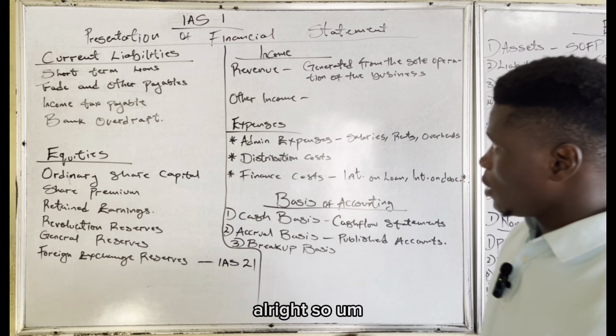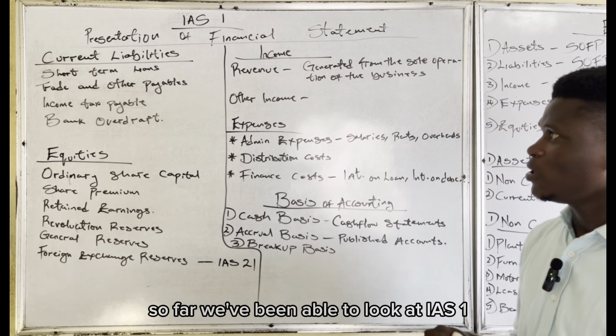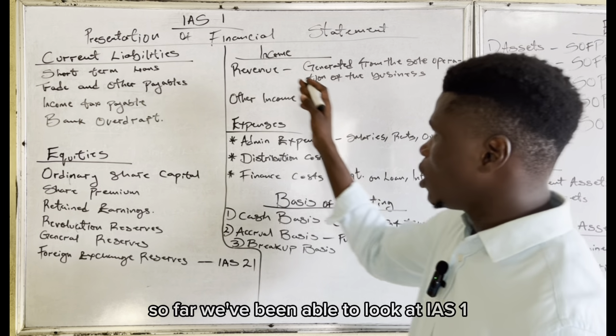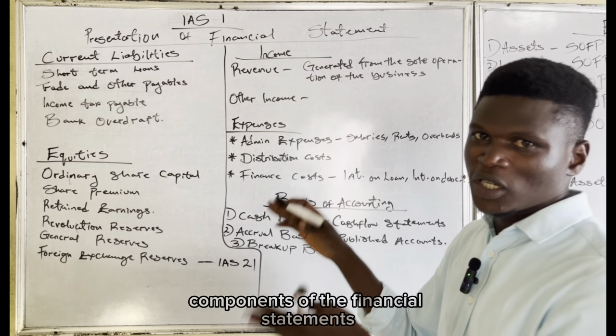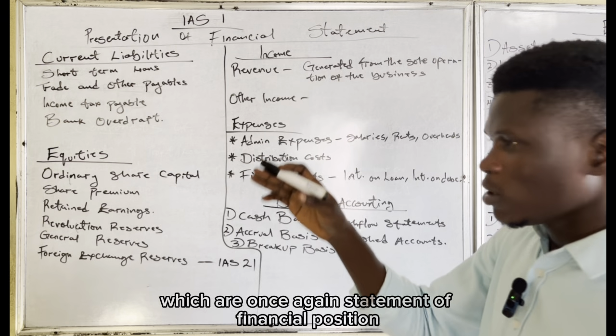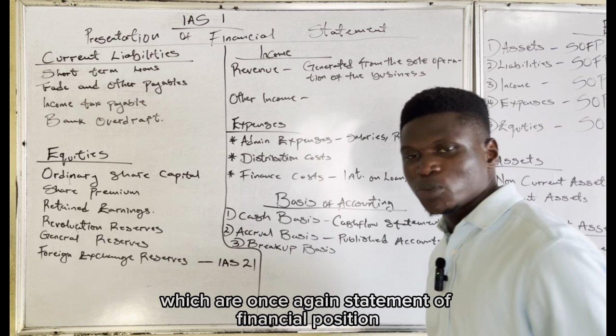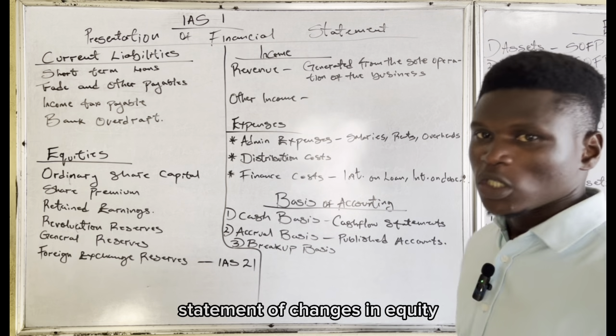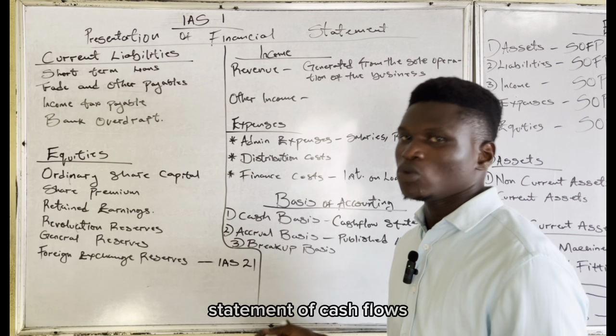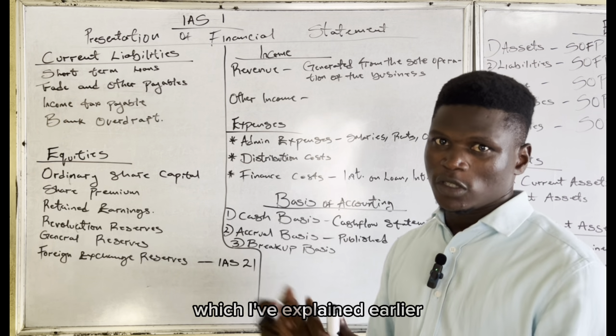All right, so far we've been able to look at IAS 1. We've talked about the components of the financial statements, which are once again statement of financial position, statement of profit or loss and other comprehensive income, statement of changes in equity, statement of cash flows, and then the notes to the accounts, which I've explained earlier.